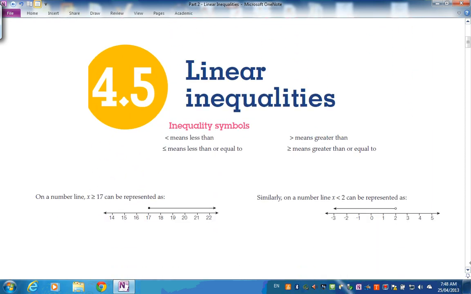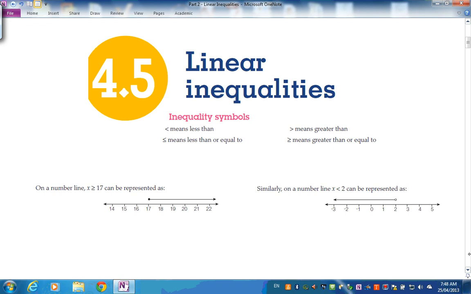It's called linear inequalities, and it simply means we're still looking at the same sort of function, linear. What's the sort of function that gives a straight line graph? It's y equals mx plus c. No squares on x or anything like that. Just an example, y equals 3x plus 2.